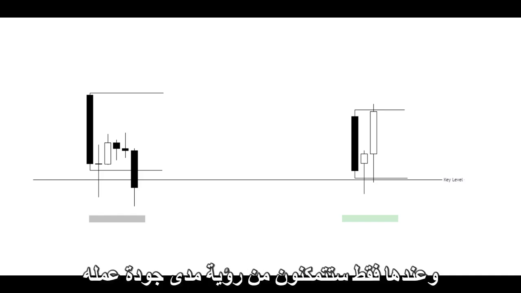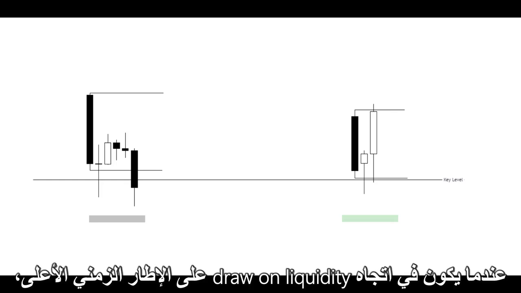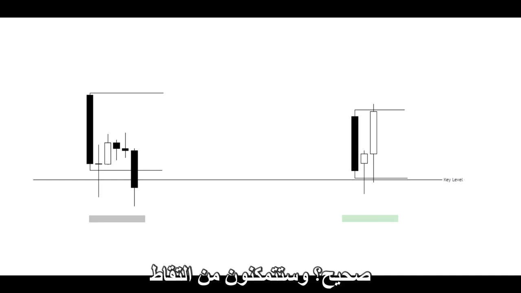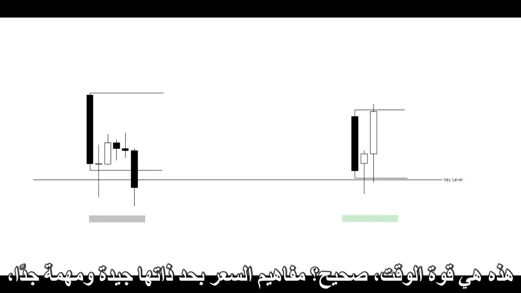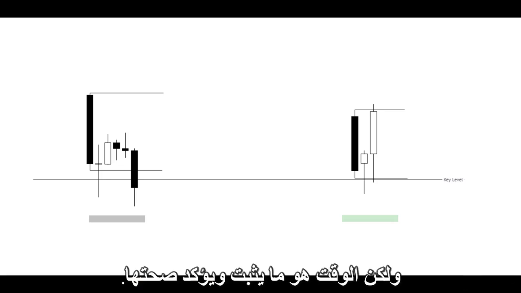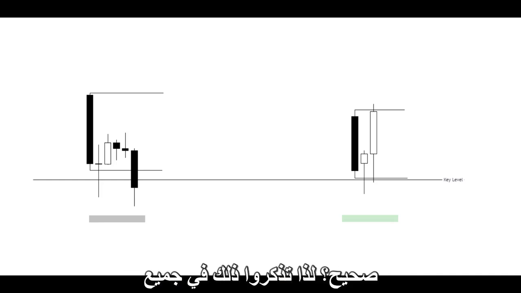And only then you'll be able to see how good it works when it's in the direction of the high time frame drawn liquidity, right? And you'll be able to catch the same executions as perfect traders like me. That's the power of time, right? Price concepts in themselves are really good and important, but time is what validates and confirms their validity, right? So remember that at all times.